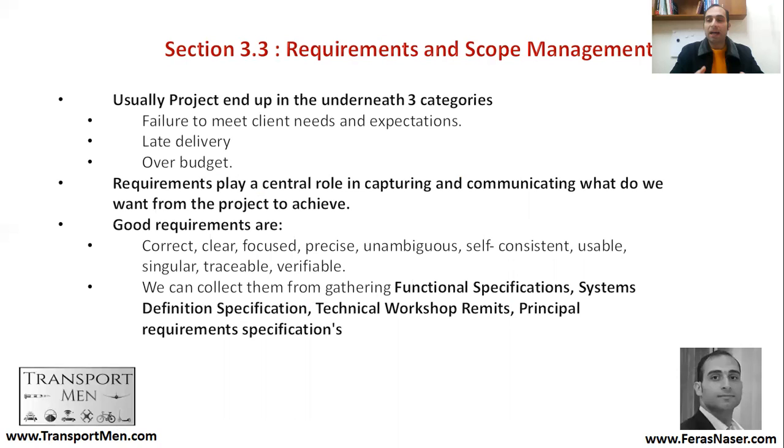And you can collect them from gathering functional specifications. Of course, you can collect requirements from so many sources: the client's needs, client's meetings, functional specification, system definition specification, technical workshops, and other meetings, to try to capture them in one place and make sure you trace them until they are delivered.